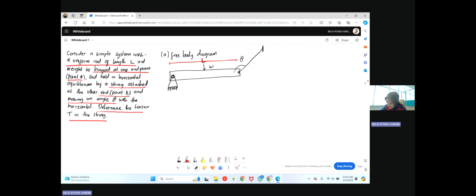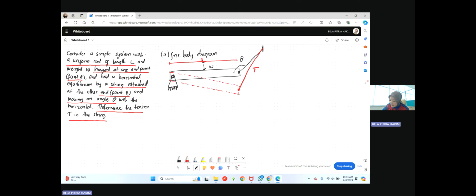It's given an external force, the weight. There is a movement in this beam. Imagine we have this displacement. The case is asking to determine the tension T in the string.